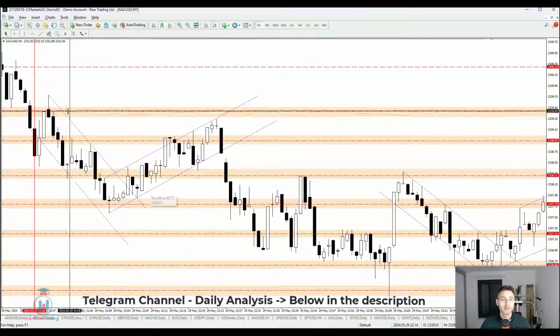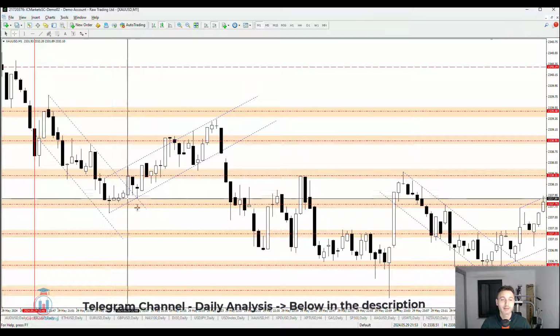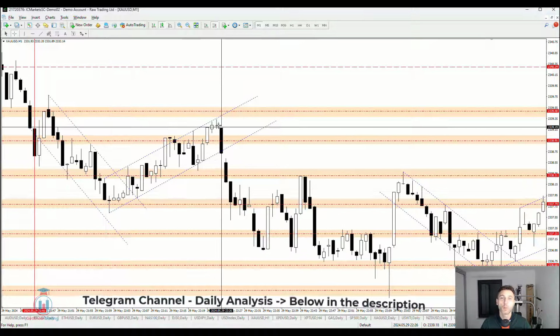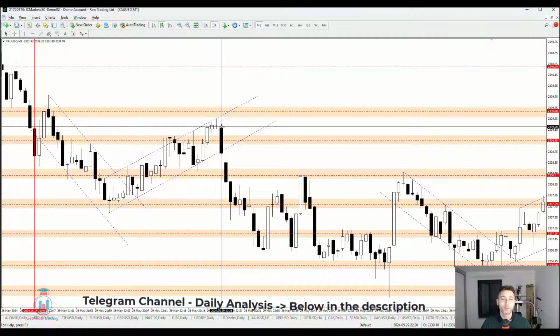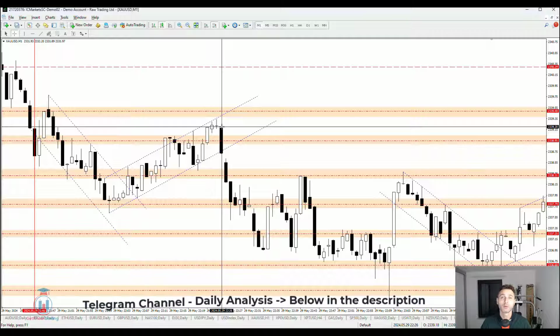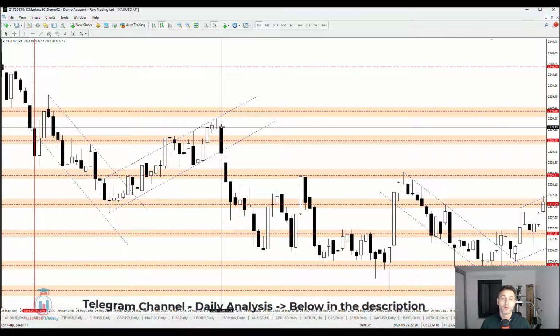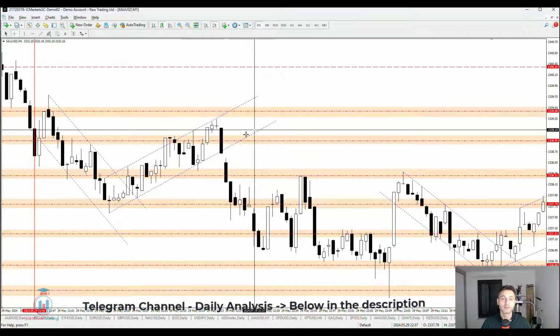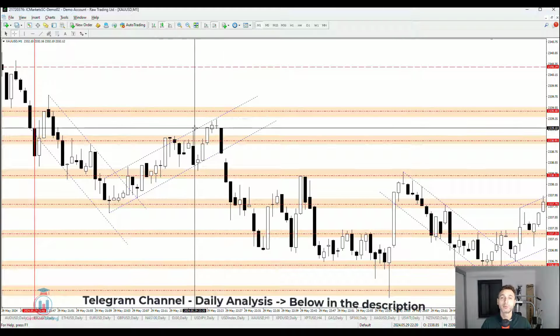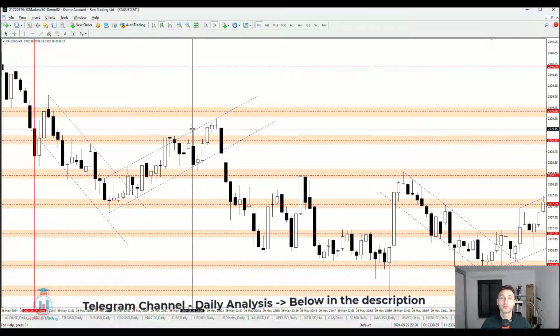On the chart, you can see I have put trend lines here just to see what the trend currently is on the market, but they are not 100% needed if you do not want to have them. For some traders, it is not so easy to draw these trend lines correctly to get the channels and also to see the trend.